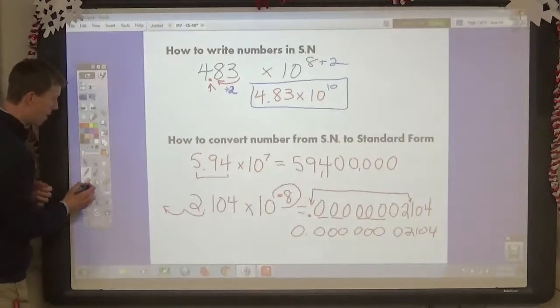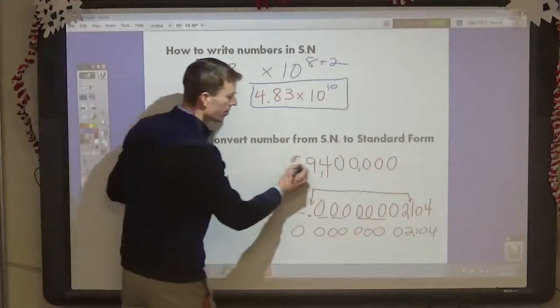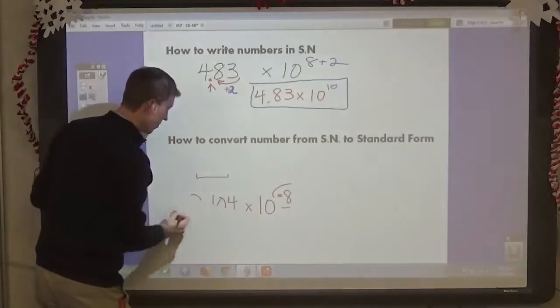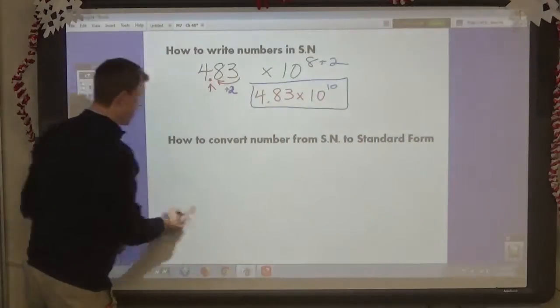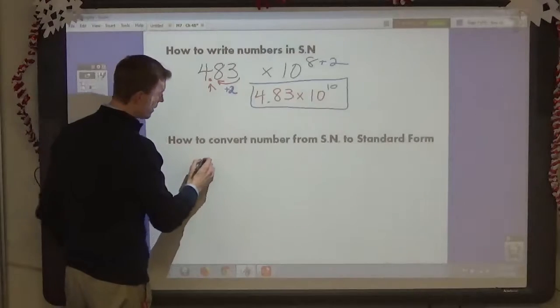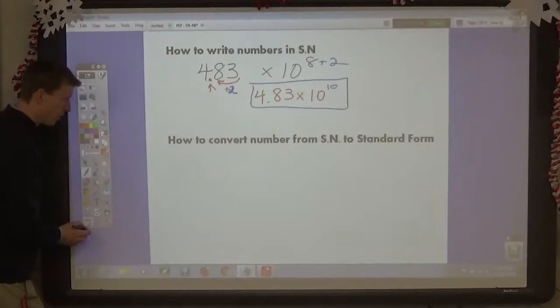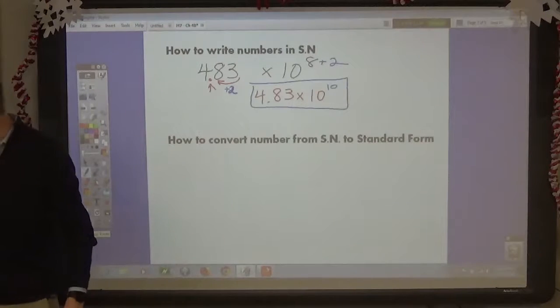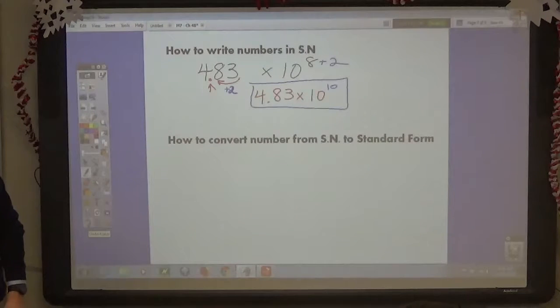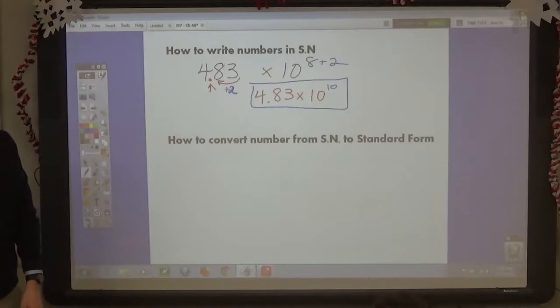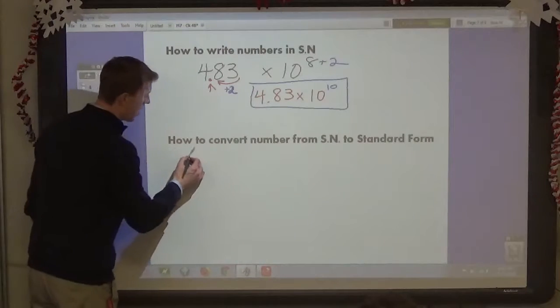So, let's look at the bottom numbers. Okay? Let's do the first one together from your worksheet. What would we do with 3.77 times 10 to the 4th power?